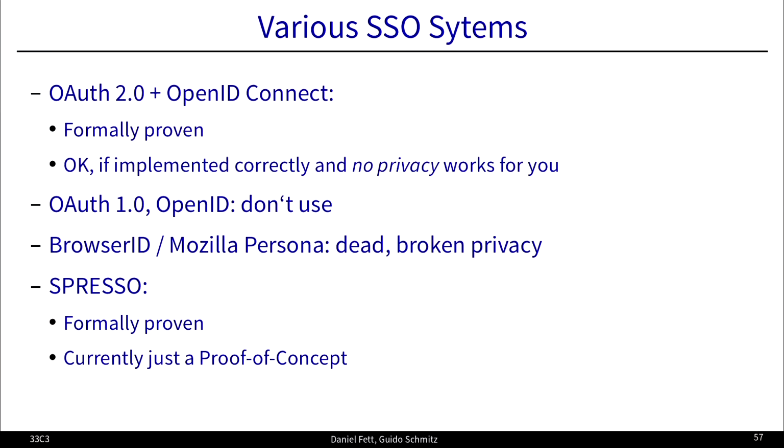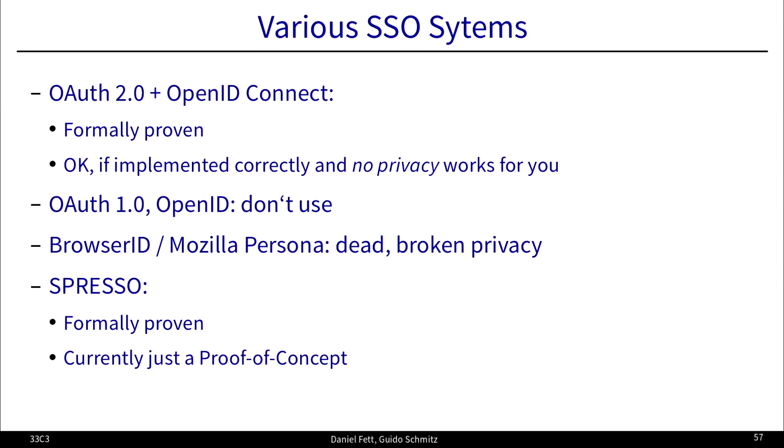Okay, now to conclude the talk, what is the takeaway? First of all, we've talked, I think, most of the time about OAuth 2.0. Most of the results also translate to OpenID Connect. We have formally proven the security of the protocol of OAuth and also OpenID Connect, which is a nice result.